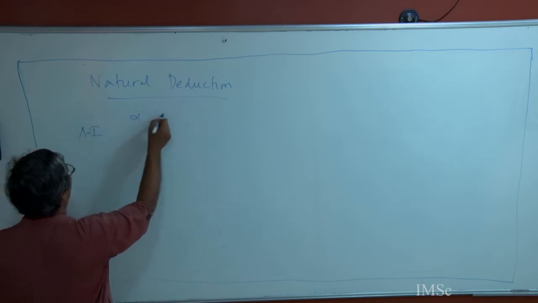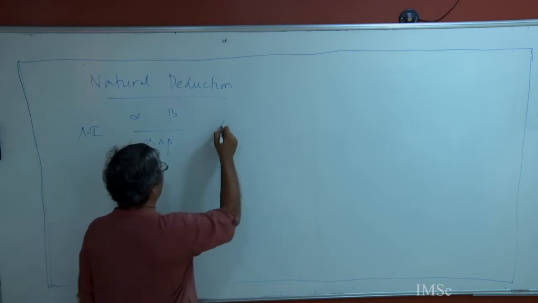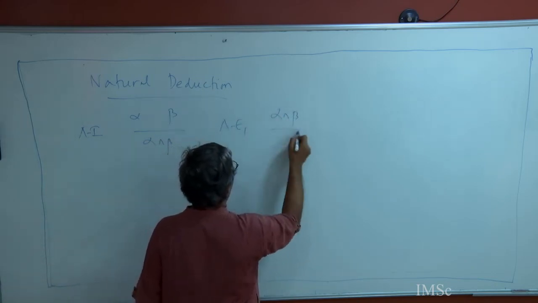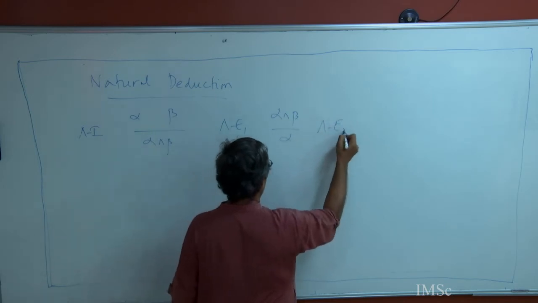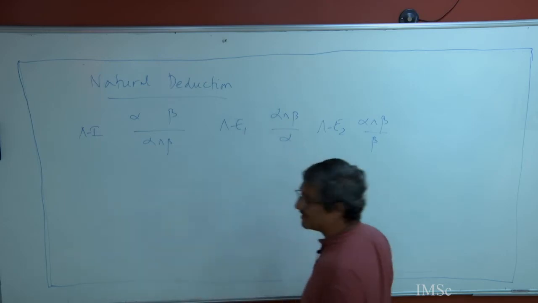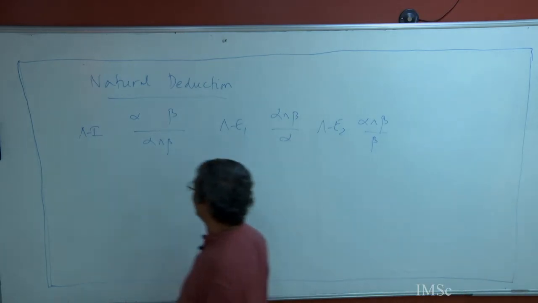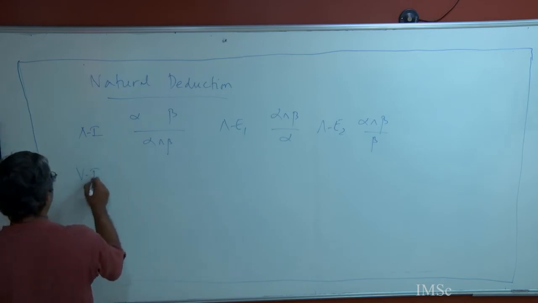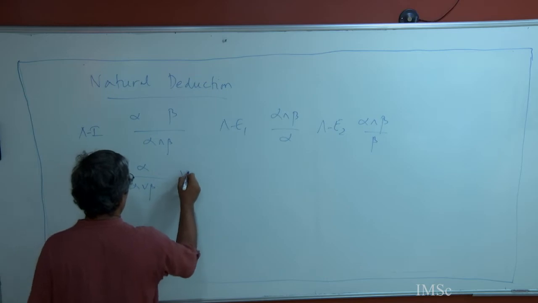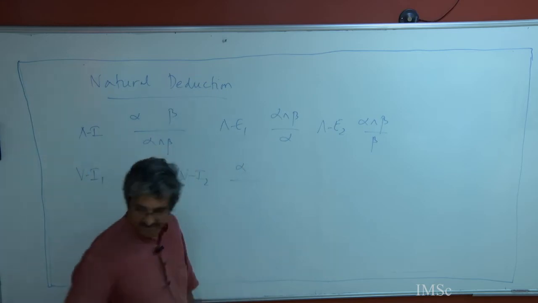For conjunction introduction, if you've got alpha, beta, you can get alpha and beta. And elimination 1 and elimination 2, right? Fairly obvious. And then for disjunction, you have 2 disjunction introduction rules. Not alpha, of course, but beta.